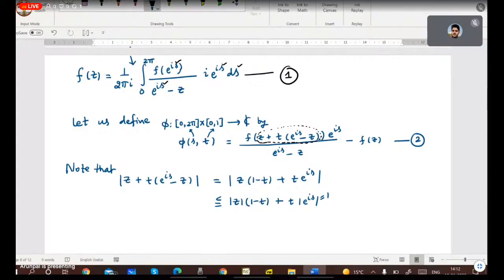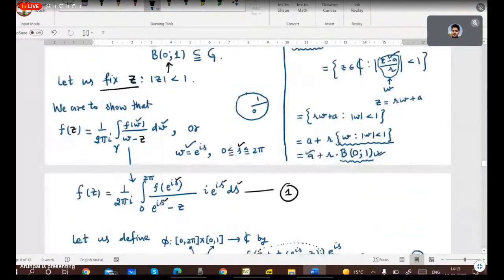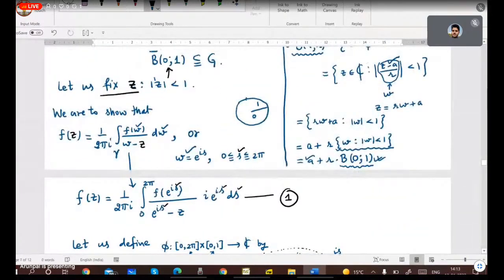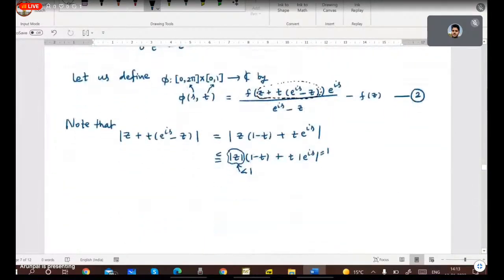Yes, sir. And class, we are taking the point z so that modulus of z is less than 1. We have taken our z. If you look at the choice of our z, right class? So mod z is less than 1. So it means this combined thing is less than 1 minus t plus t, which is nothing but 1.